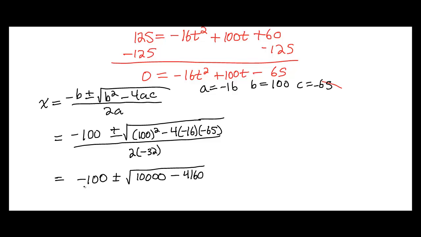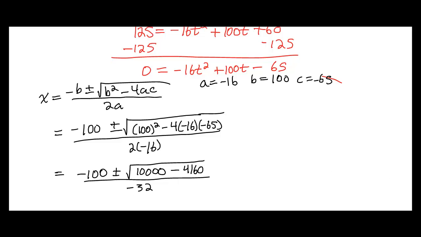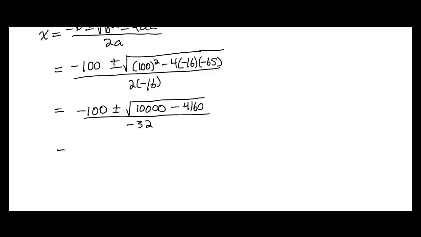All over, and I made a mistake, this should be 2 times a negative 16, which gives us negative 32. If I take that 10,000 and subtract that 4160 from it, I'm left with 5,840. And so we get negative 100 plus or minus the square root of 5,840 all over negative 32.